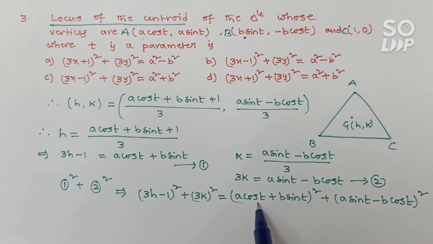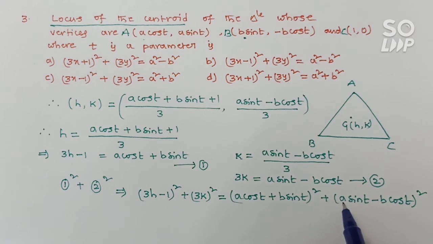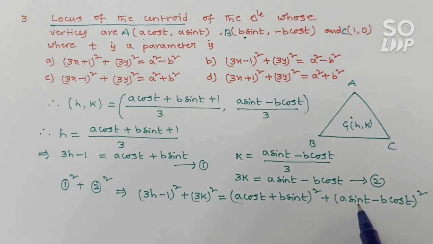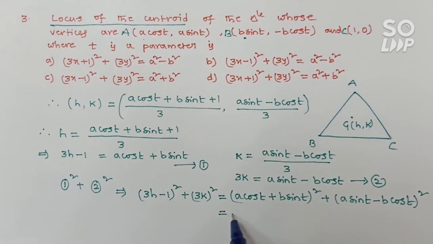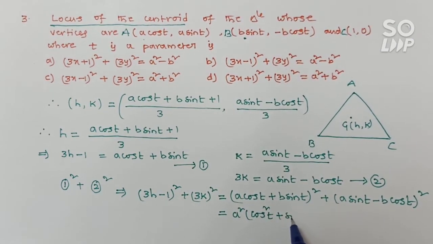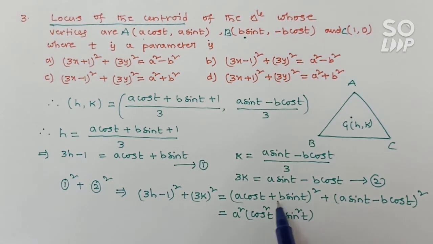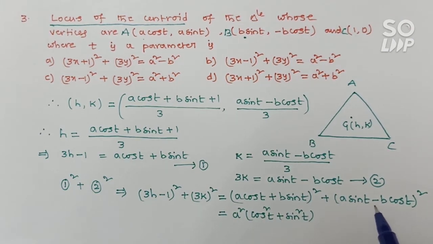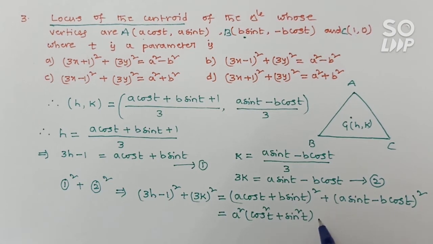In this one, a square is a square cos square t, and in this one, a square is a square sin square t. So you take a square common: a square into cos square t plus sin square t. And next, plus 2ab sin t cos t and minus 2ab sin t cos t, both will be cancelled.